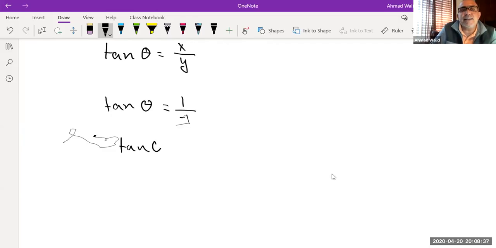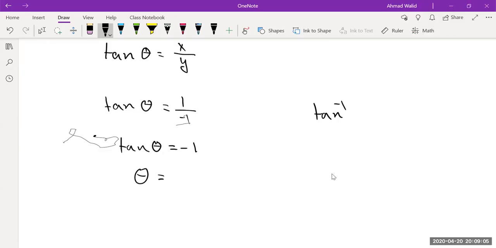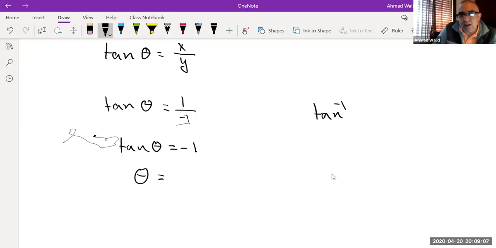It means tan theta equals negative 1. If tangent of theta is negative 1, the tangent of which angle is negative 1? Even you can use your calculator. Look for the inverse tan button in your calculator, and easily you can give me the angle. Which angle is that? 3 pi over 4, pi over 4, because you have a negative pi over what? Negative pi over 4.